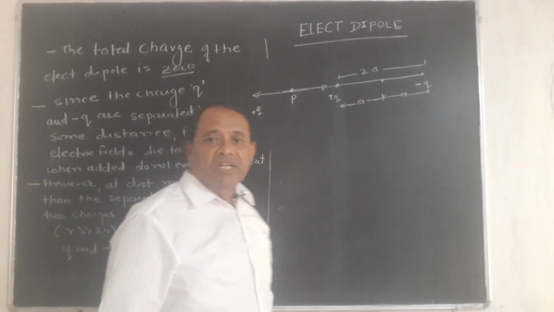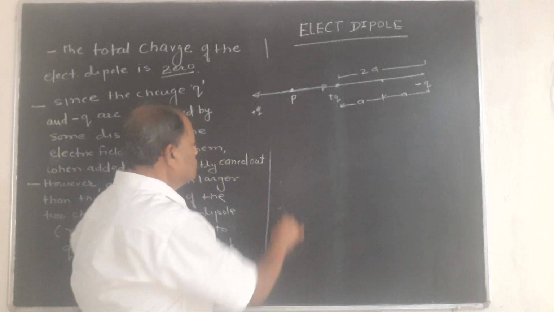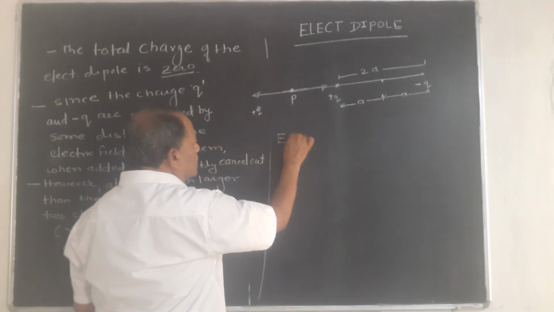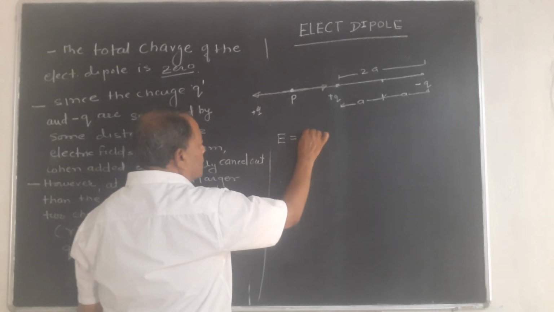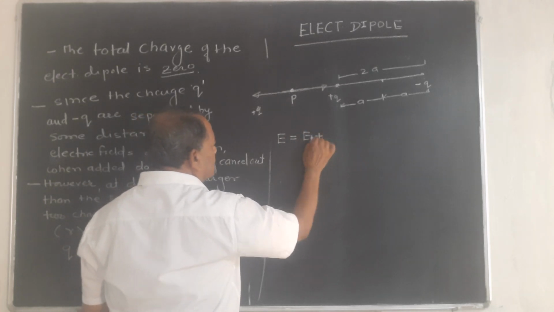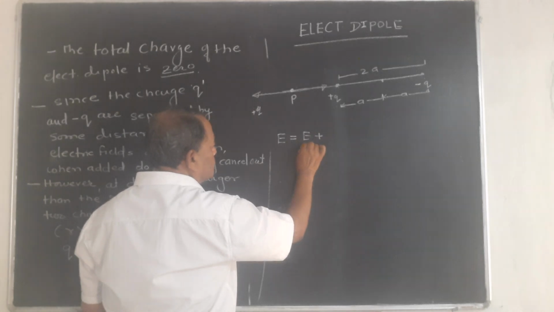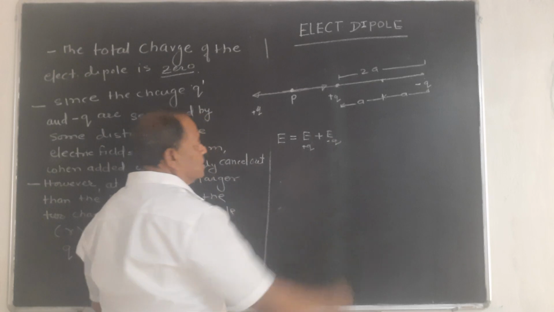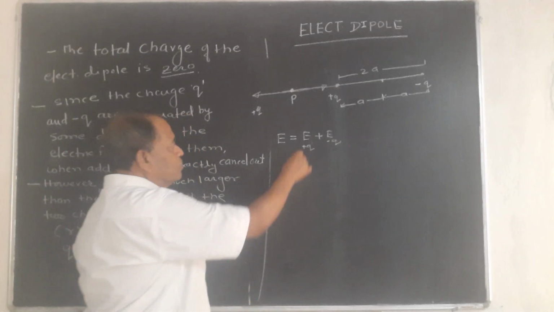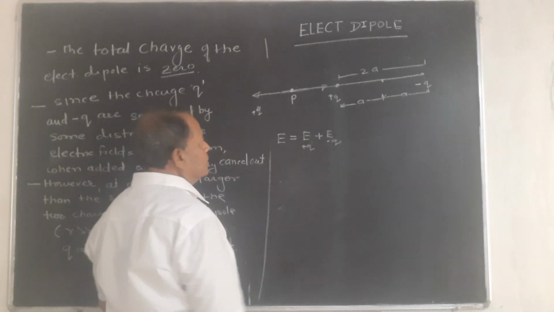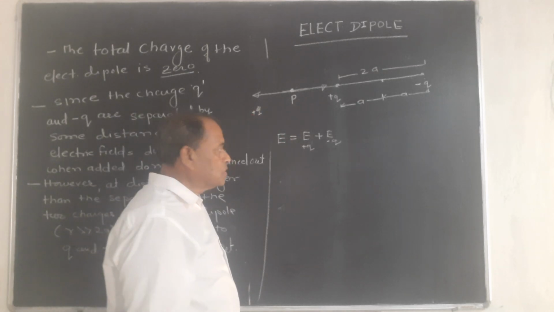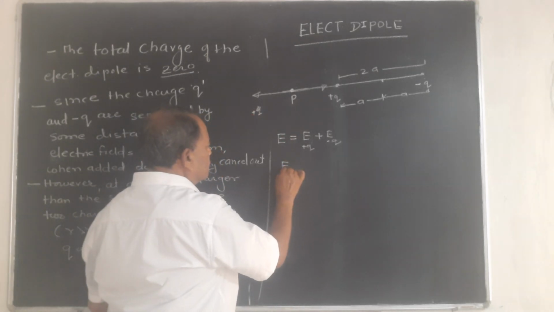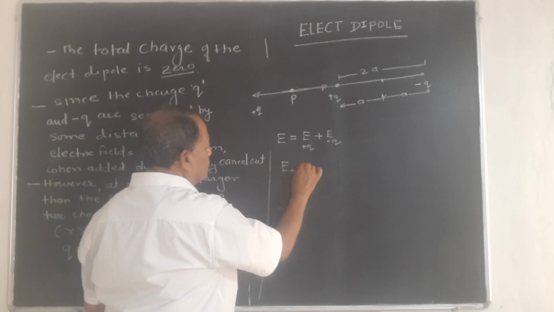Electric field is a vector quantity, so the total electric field E is E due to plus q plus E due to minus q. We will first find the electric field due to plus q.